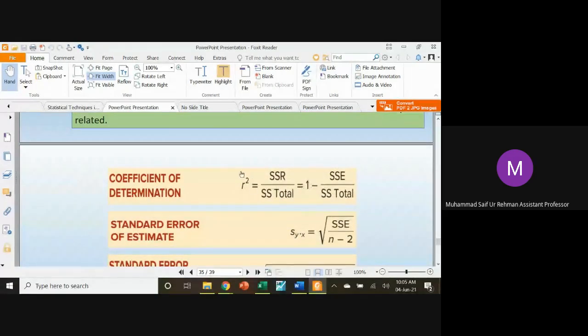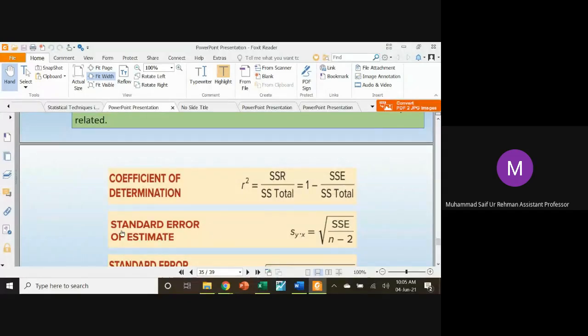If you are interested in finding the coefficient of determination, then RSS divided by TSS, or otherwise you may also use the formula 1 minus SSE over total SS, TSS. You can write it as ESS or SSE or SST or TSS. It's up to you.